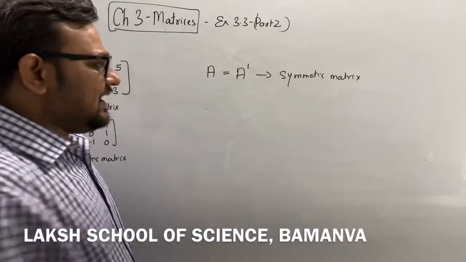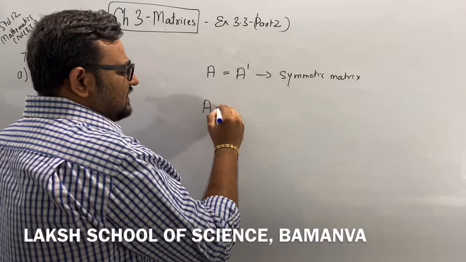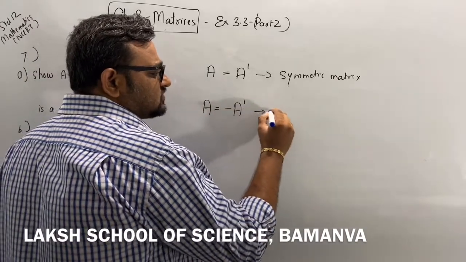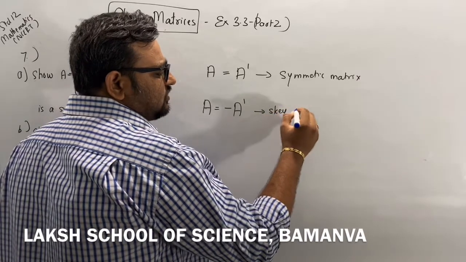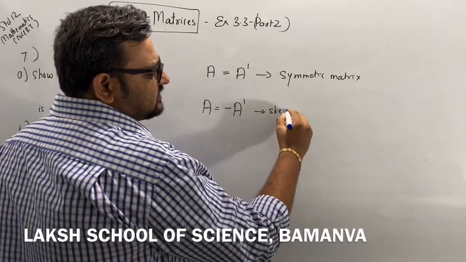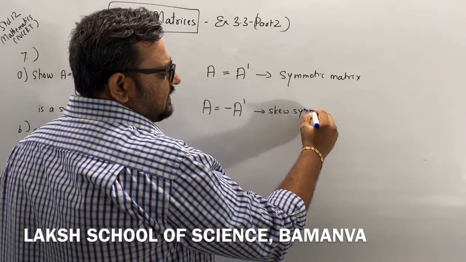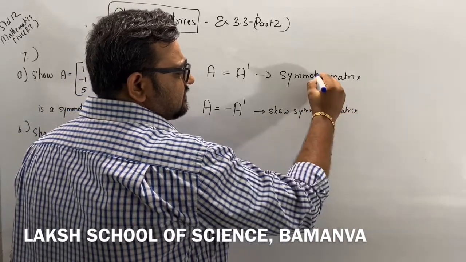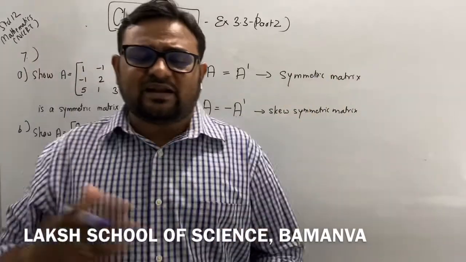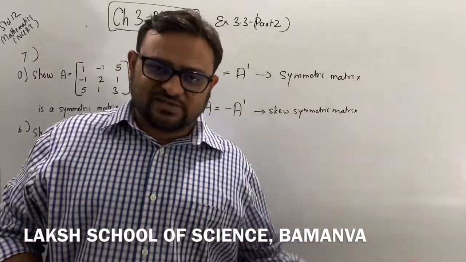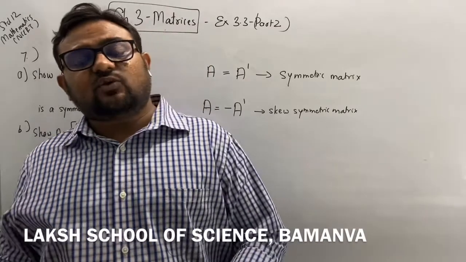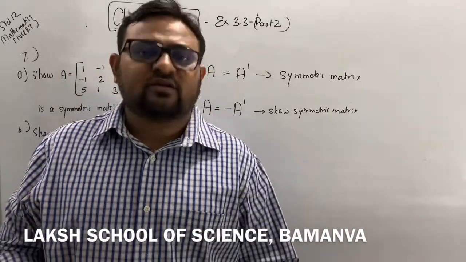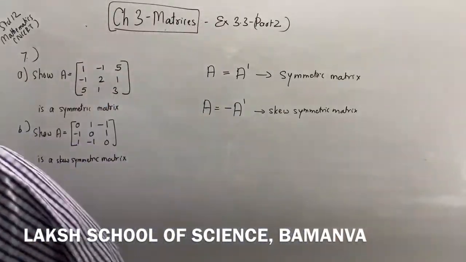And if matrix A is the negative of its transpose, then the matrix is called a skew symmetric matrix. So if a matrix is equal to its transpose, it is a symmetric matrix. If a matrix is equal to the negative of its transpose, then it's skew symmetric. Okay, so let's start.